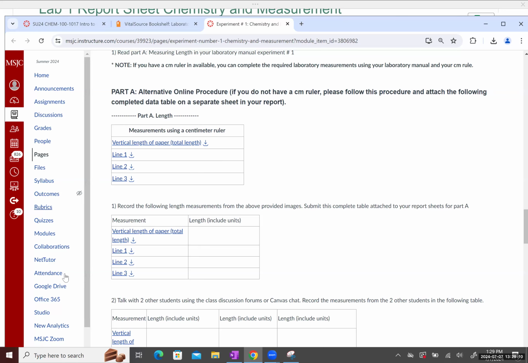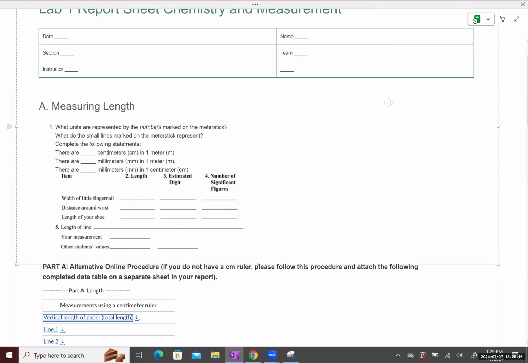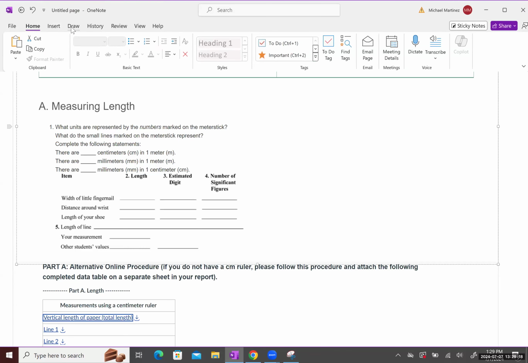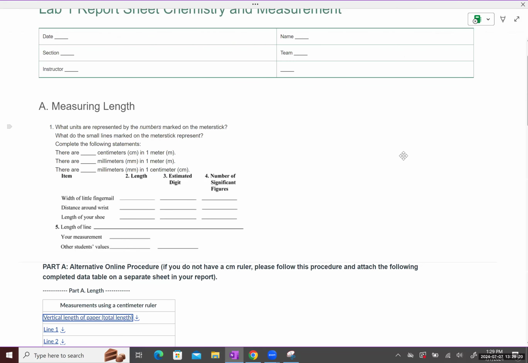We're going to be looking at this alternative procedure and we're going to be filling in our data. So if we go to our report sheet and we go to add some drawings here, for the measuring length section, all of these parts are going to be replaced with the alternative procedure.